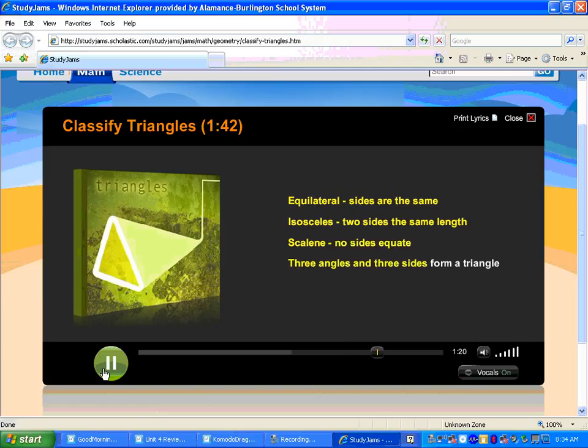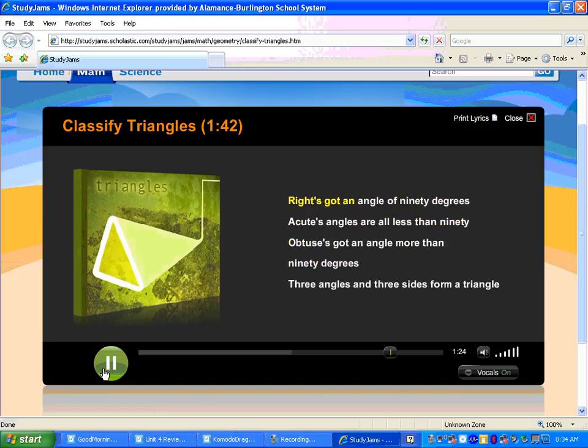Triangles and three sides form a triangle. Right's got an angle of 90 degrees. Acute angles are all less than 90. Obtuse has got an angle more than 90 degrees. Triangles and three sides form a triangle.